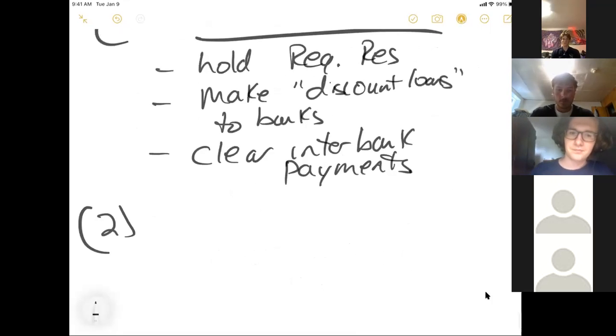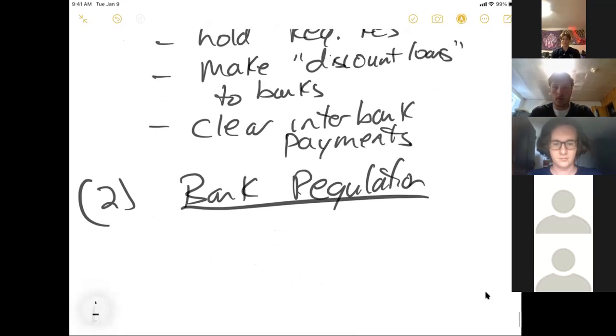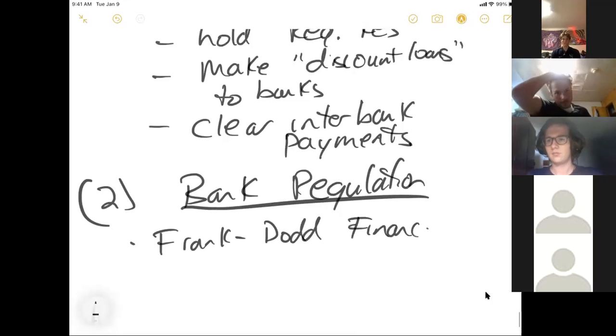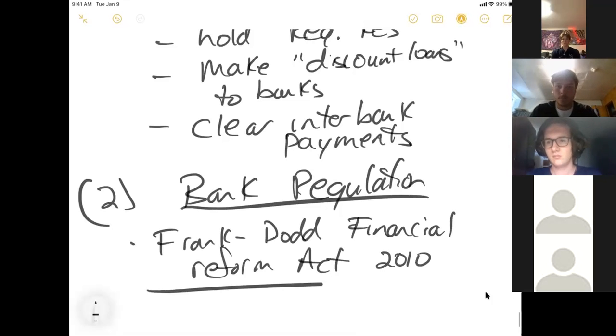They also are the key to bank regulation. Increasingly, after the global financial crisis, there was a big bank reform act called the Frank-Dodd Financial Reform Act.